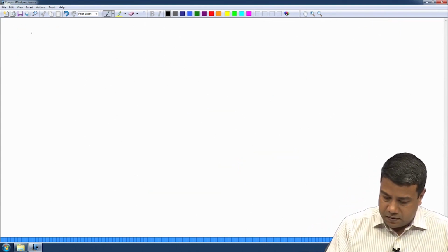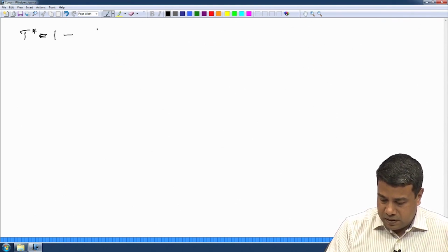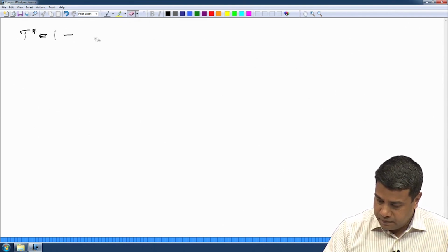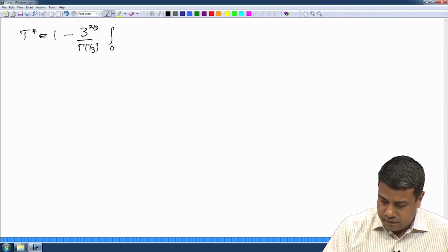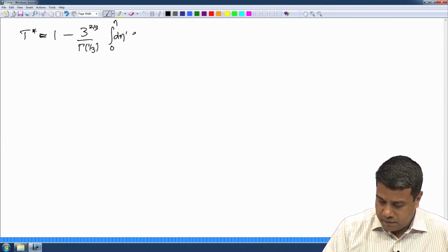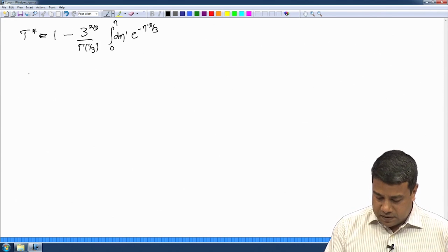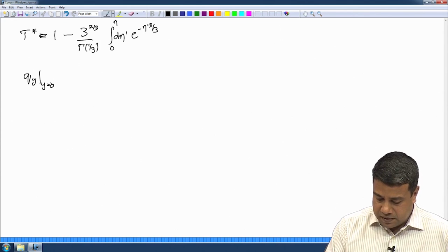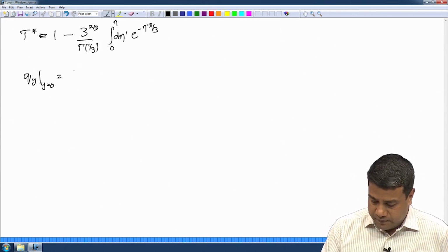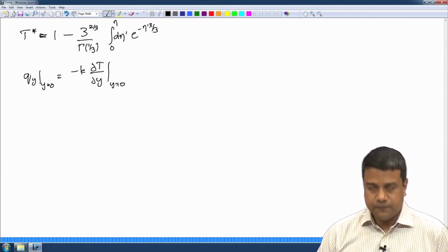Okay. So, back to our solution, T star is equal to 1 minus integral. The heat flux q y perpendicular to the surface at the surface is going to be equal to minus k partial T by partial y at y is equal to 0.